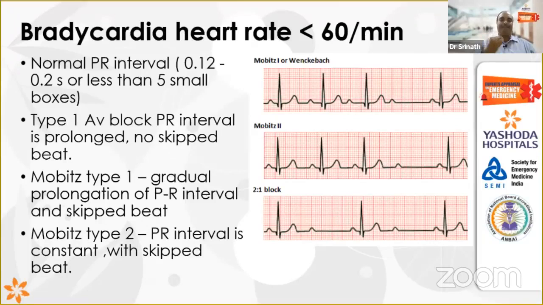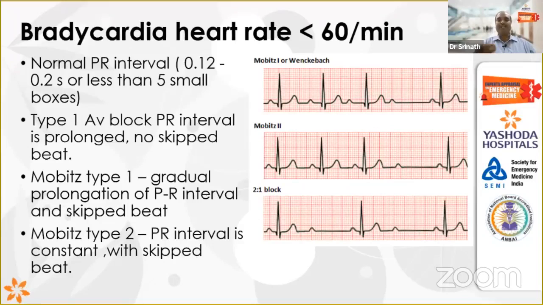Then you can call it normal sinus bradycardia. When you don't see that, and there is a problem in the AV nodal block, you have to monitor your PR interval, QRS complexes, and RR interval.